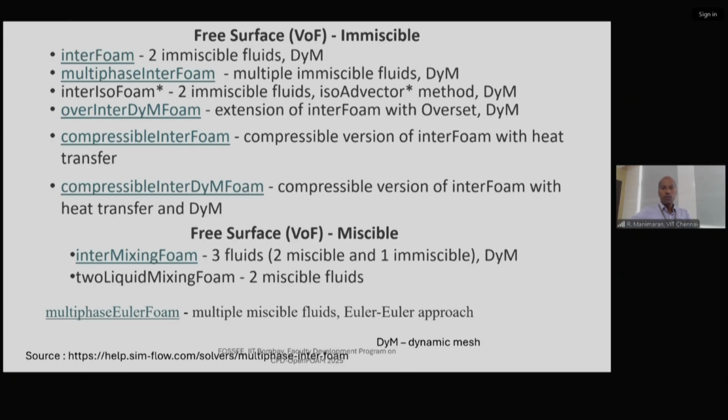interFoam is for two immiscible fluids with a dynamic mesh approach, whereas multiphaseInterFoam is for different fluids like oil, mercury, water, kerosene, whatever it is. If you have multiple liquids, you can use that. interIsoFoam is a special type of solver for interFoam solving with the isoAdvector method. overInterFoam is for overset grids, if you have used overset grids for dynamic mesh applications. compressibleInterFoam is the compressible version of interFoam with heat transfer.